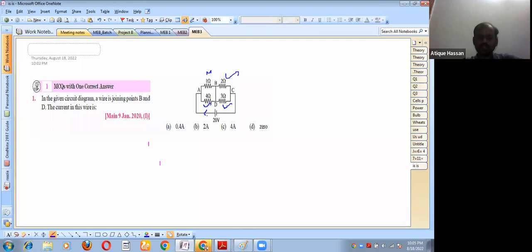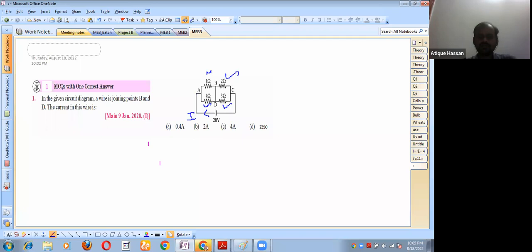Suppose the current in the circuit is I, right? If we find the current, the current will be divided.